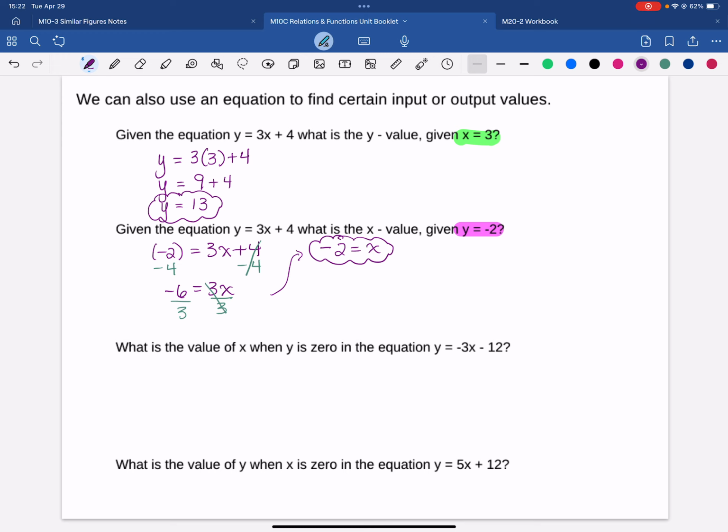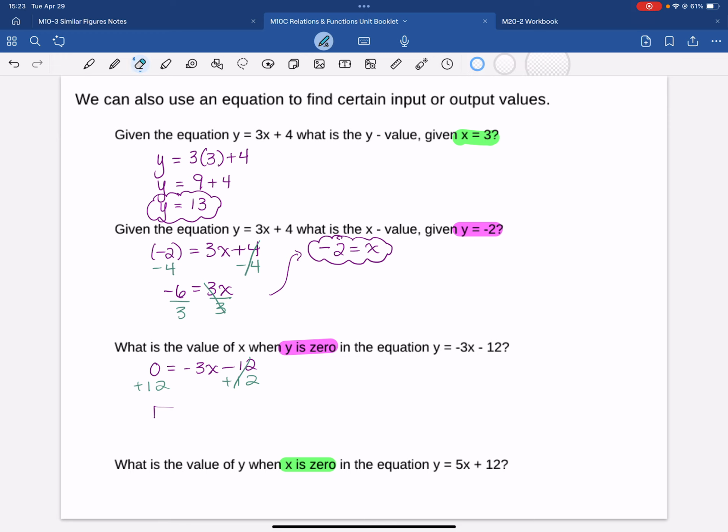Okay, what is the value of x when y is 0 in the equation? So y is 0. Try it again. We replace our value, so we're given a y value of 0. We have to then manipulate the equation.